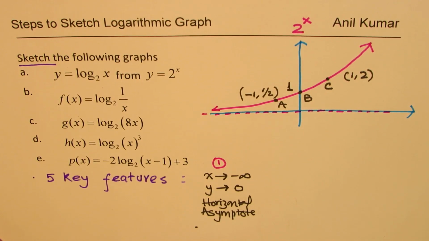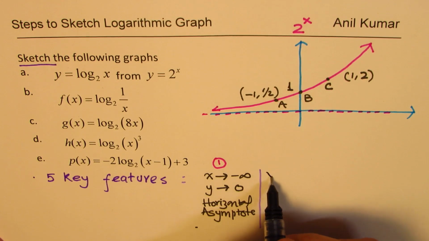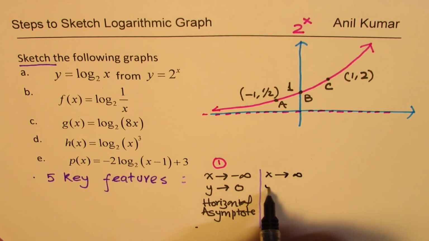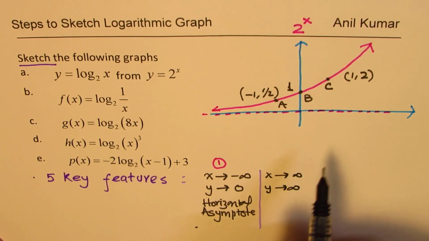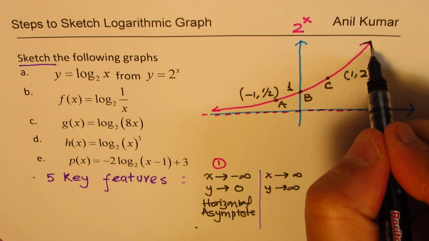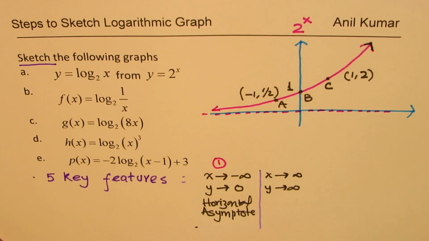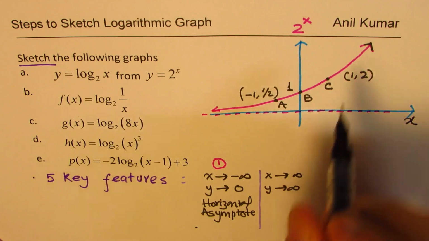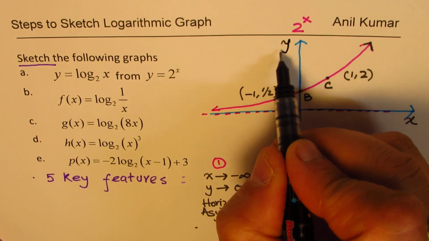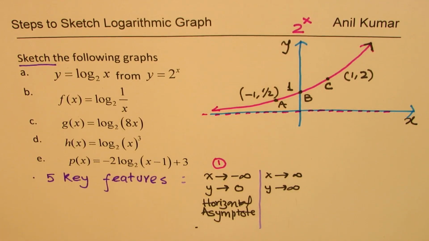Now you get it. Feature number 2 should be what? Well, when x approaches positive infinity, y approaches positive infinity, as you can see from this part, right? That arrow indicates that the x value is increasing and the y value is also increasing. Both are going towards positive infinity.